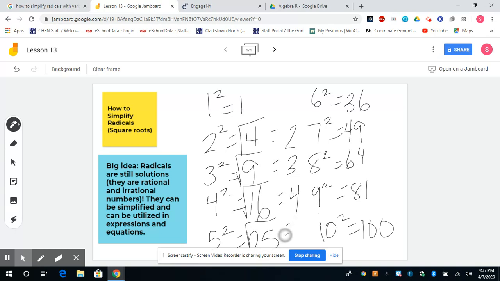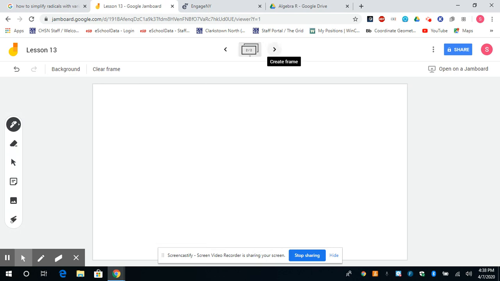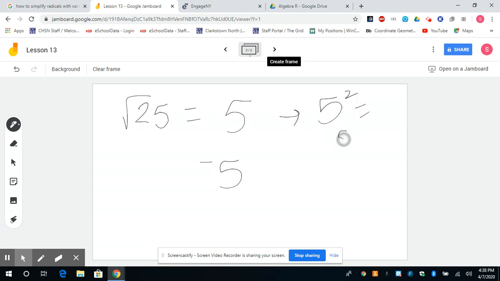But remember when we solve for quadratics that these can be positive or negative. So if I did the square root of 25, I would get 5 or negative 5, because 5 squared is 5 times 5, which is 25. But this is also negative 5 times negative 5, which is also a positive 25.